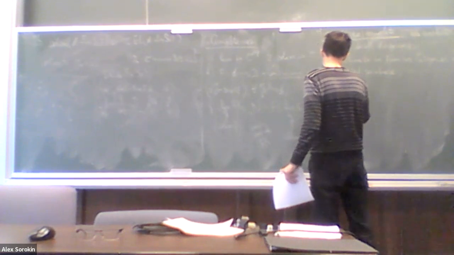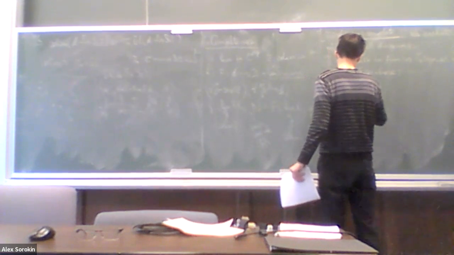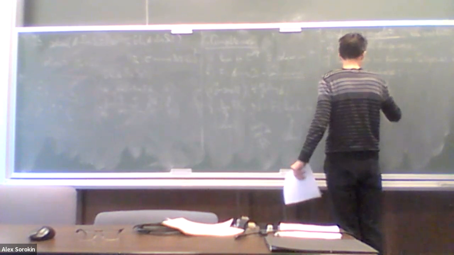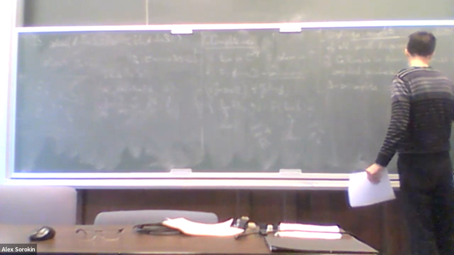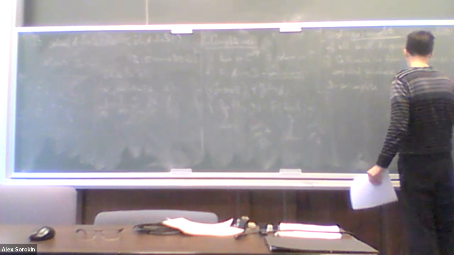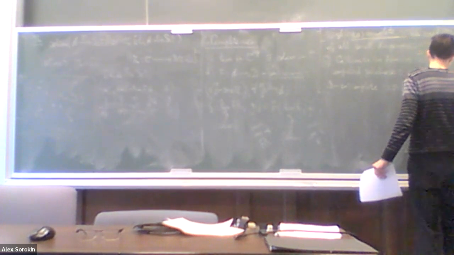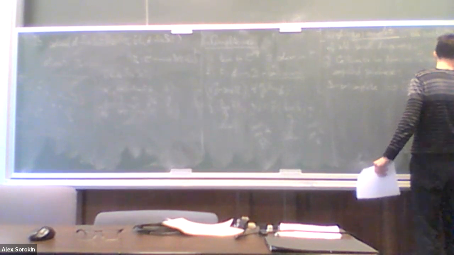So if category B is complete, from this follows that the functor category from A to B is also complete, whenever it exists.